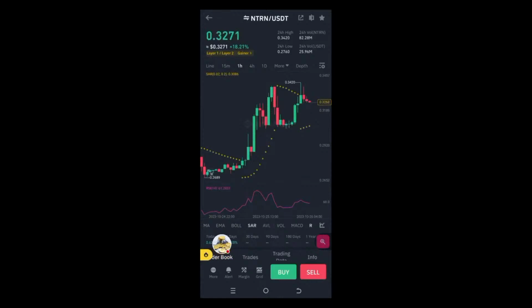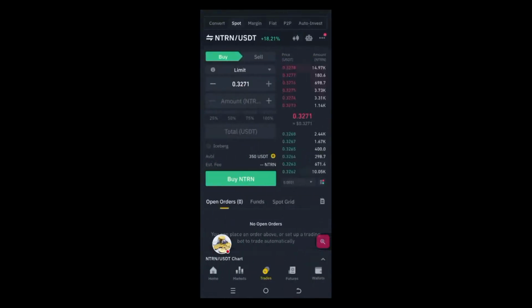So volatility means that it's going up, it's going down. It's quite risky in the sense that any new coin is risky. And when there's volatility, if you check the order book, you should see movement. I'm not seeing too much movement in this one, but a new listing is supposed to have movement. People are buying and selling because it's a new coin. That means they've done a lot of marketing.